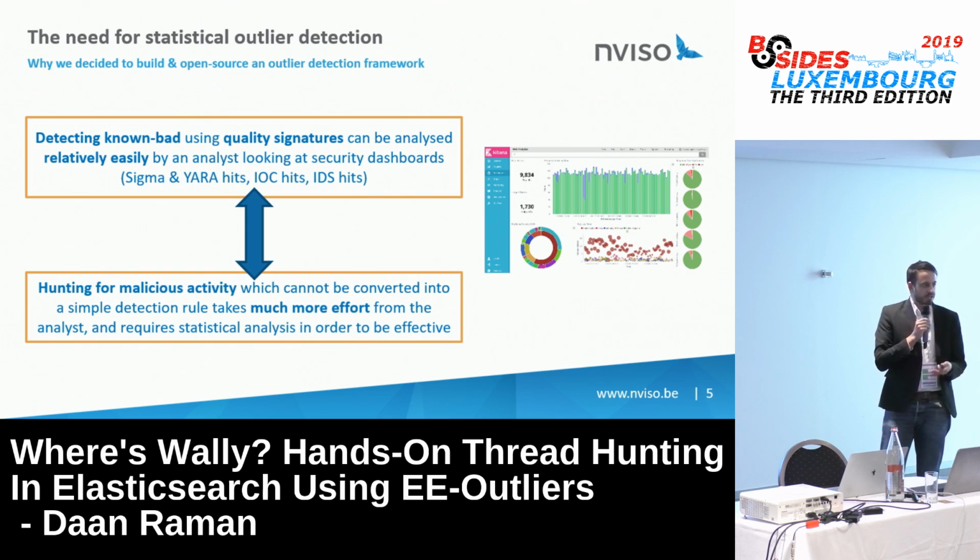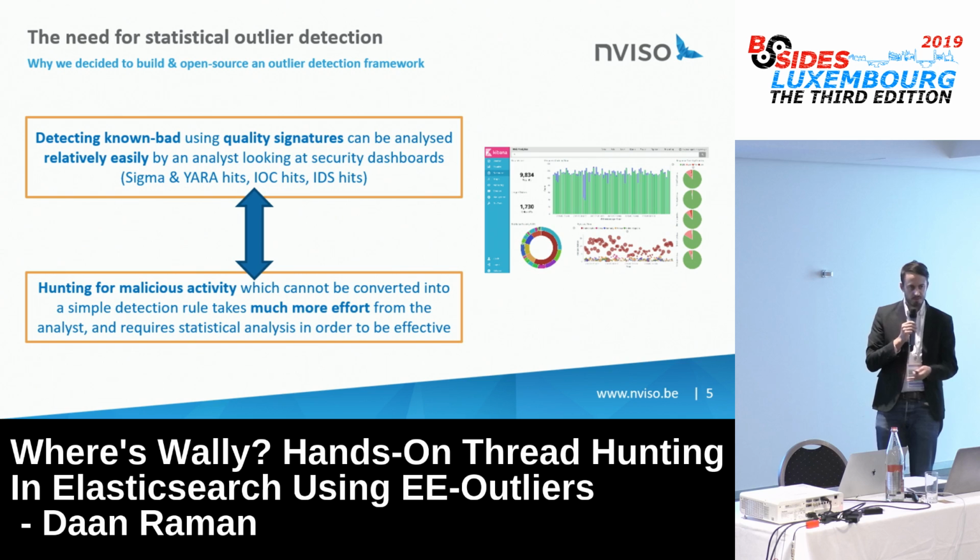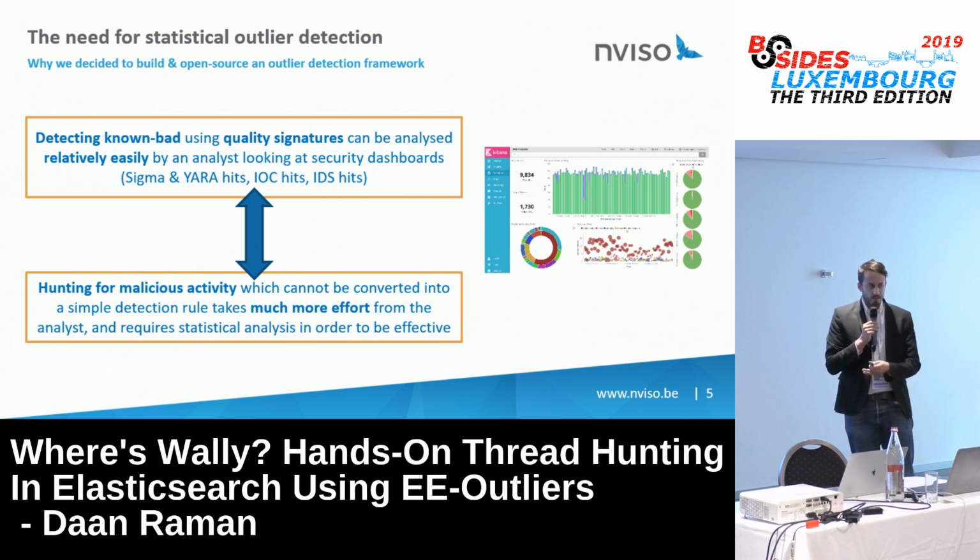Whereas for behavioral analysis, if we don't have a statistically robust way of looking for outliers, so for stuff that diverts from the baseline, from normal user activity, you can literally start looking at the first event and end with the 10 millionth or the 100 millionth. It's just impossible to do manually.